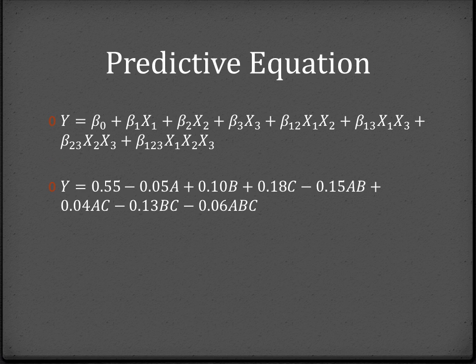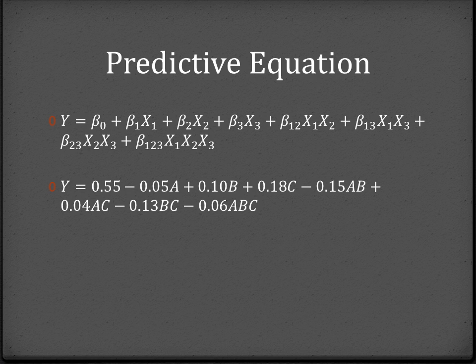Now, if we go to our predictive equation, as discussed in the DOE textbook online, we have the following setup in variables for a 3-factor 2-level experiment. With our beta naught, what we had to do is take the average of every single average. So what does that mean?